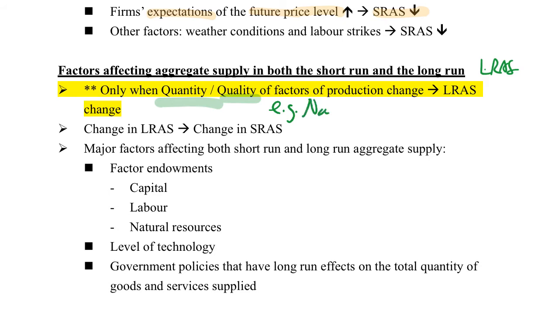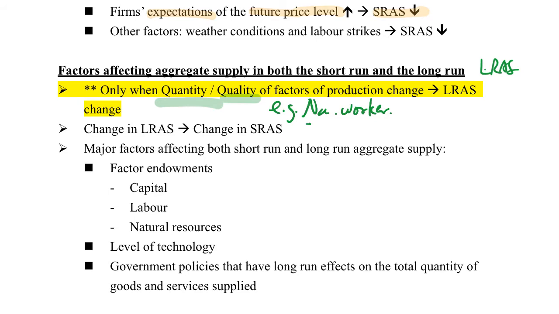The number of workers changes, maybe through immigration, or maybe a shorter time of education, or a baby boom, where the birth rate increased 10 years ago or 20 years ago. These things will increase the manpower of the economy. So the quantity of the factors of production will increase, so LRAS increases.